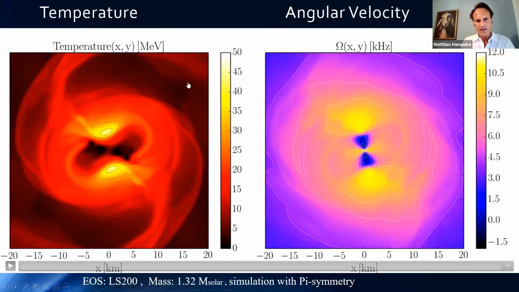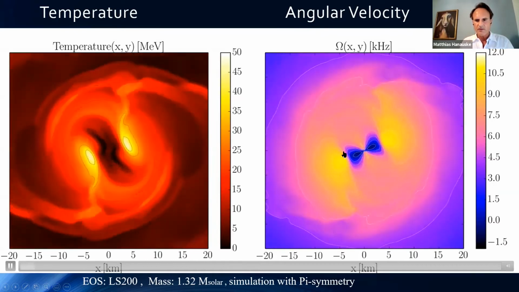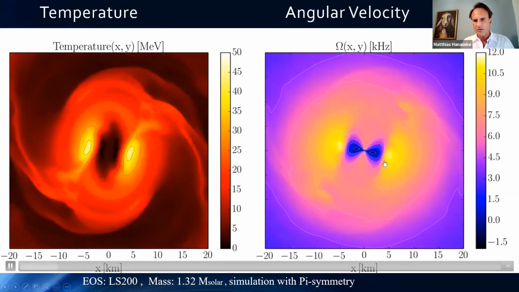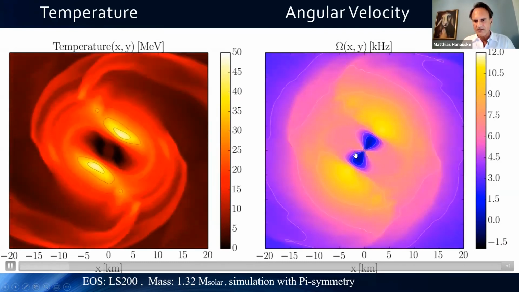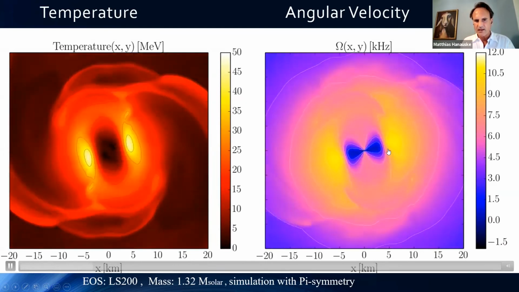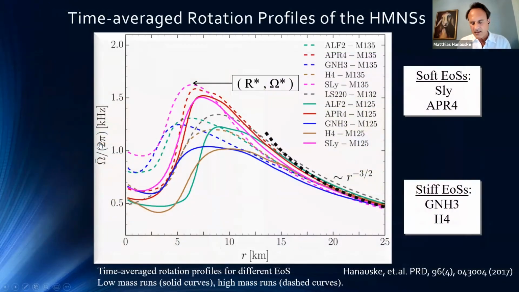Here I plot the omega, here the temperature, now not in a co-rotating frame, and you see exactly where the maximum values of the omega occur. The interior is not rotating so fast, and exactly at this point the temperature hotspots come. This is independent of the equation of state, and this gives these rotation curves.